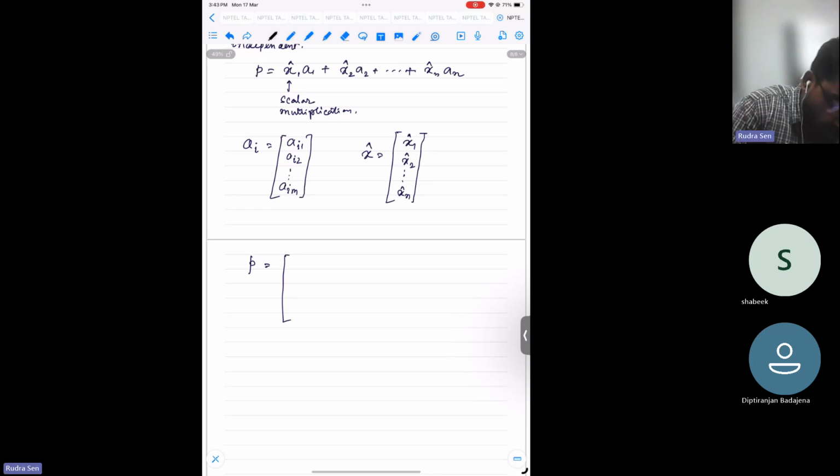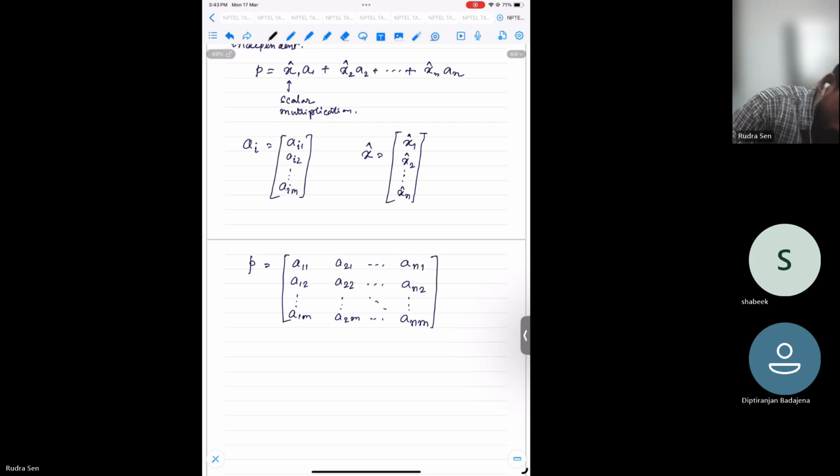So it would be something like that: a11, a12 up to a1m, a21, a22 up to a2m, and then an1, an2, up to anm, multiplied by x1 hat, x2 hat up to xn hat.